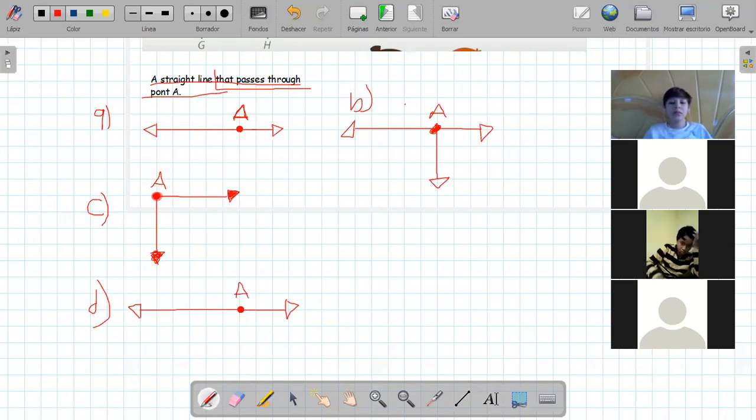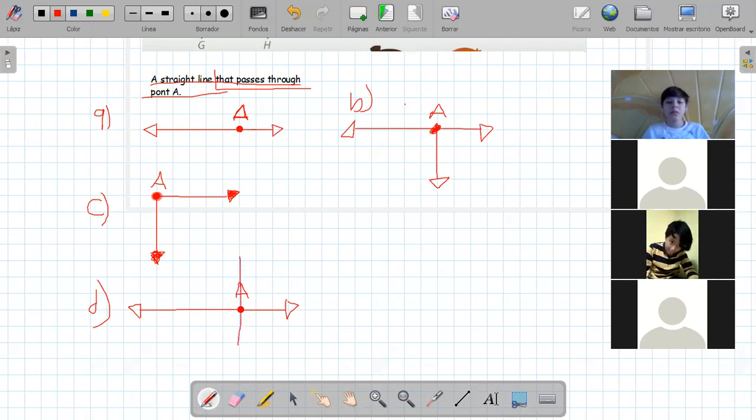But it says something important: two straight lines that intersect at point A. What does it mean when it says they intersect at the point A? That I have to draw another line.